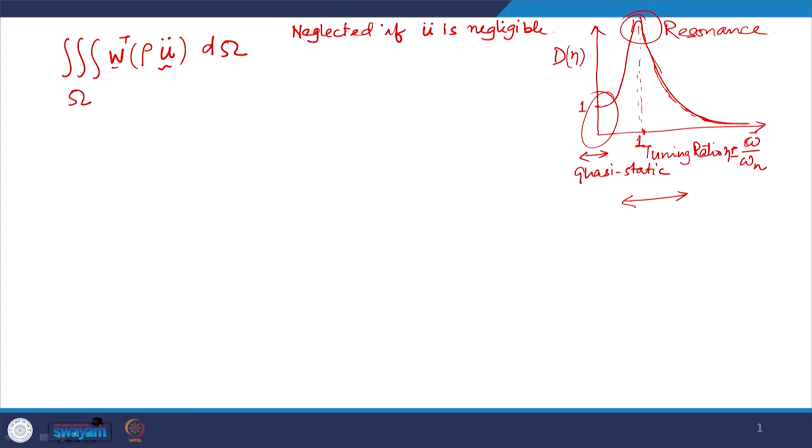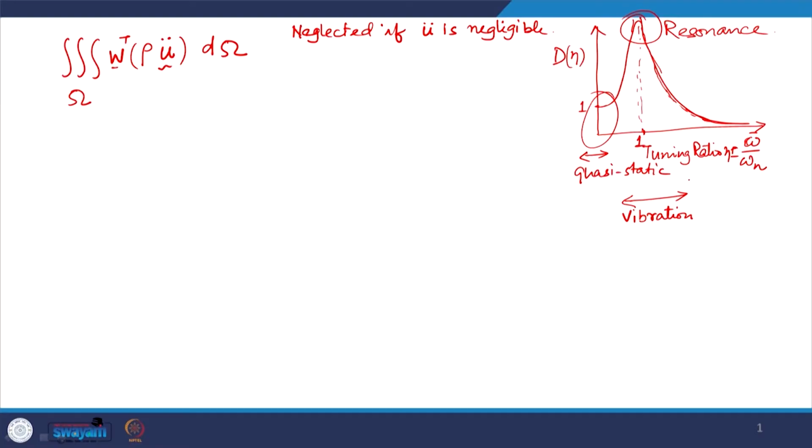When the excitation frequency is of the same order of magnitude as the natural frequency, that is called a vibration problem. And beyond that, if the excitation frequency is very large compared to the natural frequency of the system, it is still a dynamic problem, but it becomes a wave propagation problem.